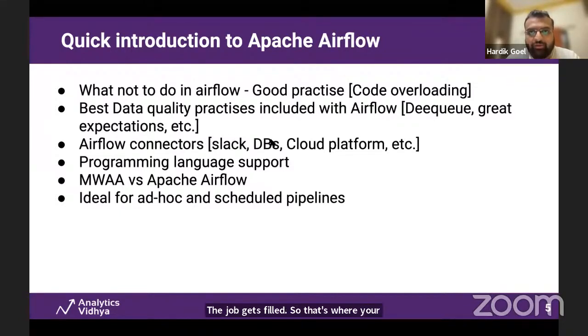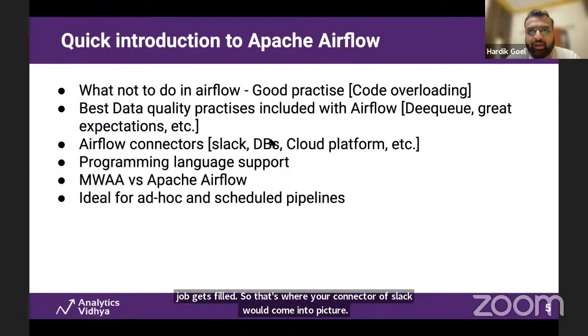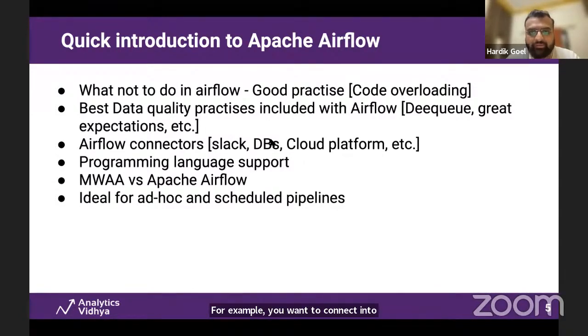For example, you want to connect to some RDBMS or some other database. You directly want a DAG or a task to be consumed or handled from that particular DB. Then in that case, the DB connector would come into play. For the cloud platform, for example, if you want something to get connected with AWS per se, or your GCP or your Azure, etc., then that flexibility is also provided.